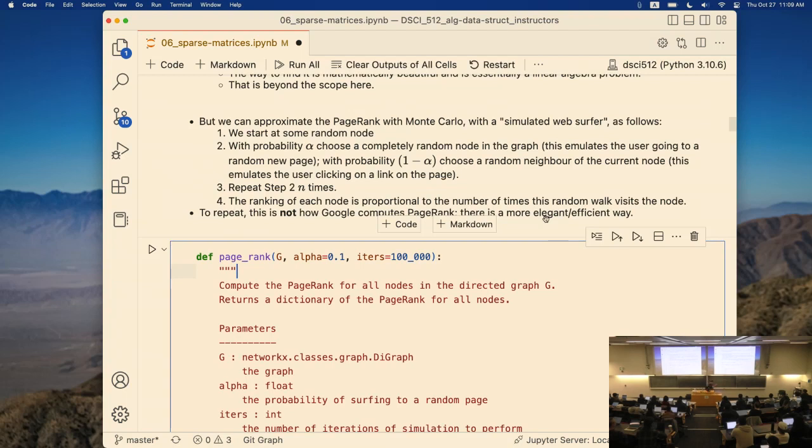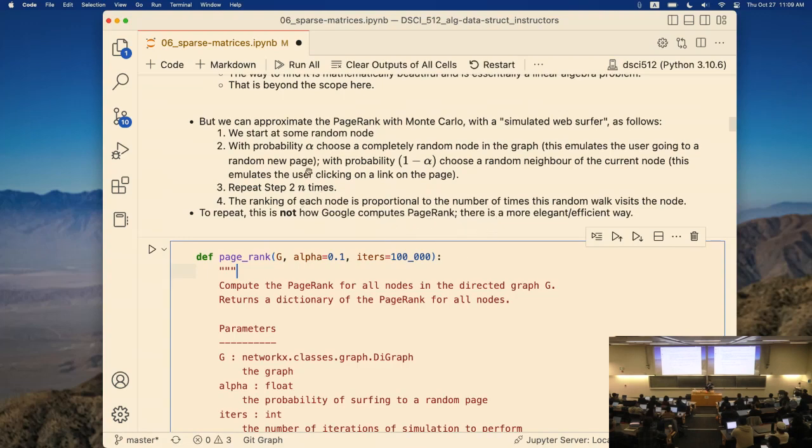Suppose that node is a particular website that the web surfer is at right now. There's a probability of alpha that the person just goes to an entirely random web page on the internet. And with probability 1 minus alpha, the user chooses a random neighbor of the current node, meaning that the person uses a link inside of that page to go to another web page.